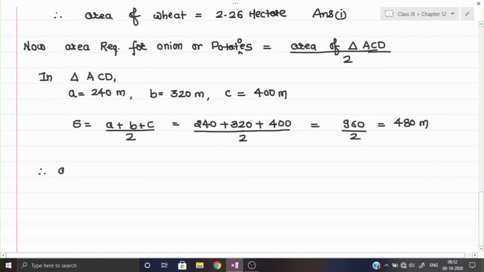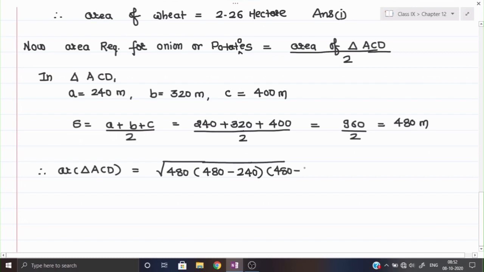Therefore, area of triangle ACD is equal to under root of, first of all we shall put the value of S here. So S value is 480 multiplied by 480 minus 240, then 480 minus 320, and finally 480 minus 400.